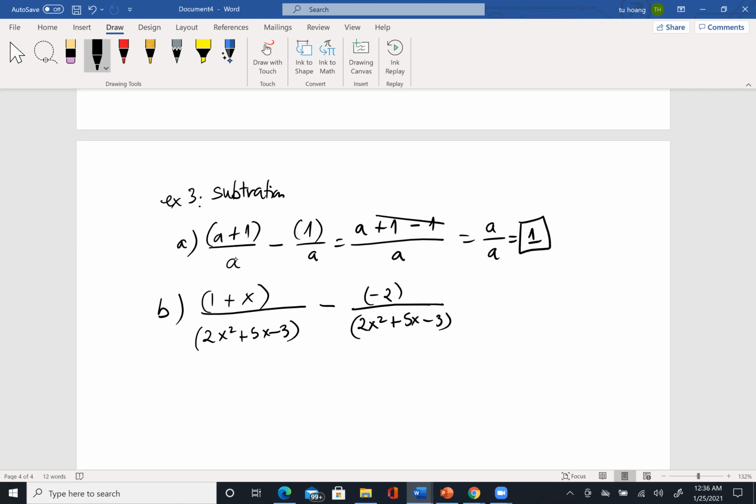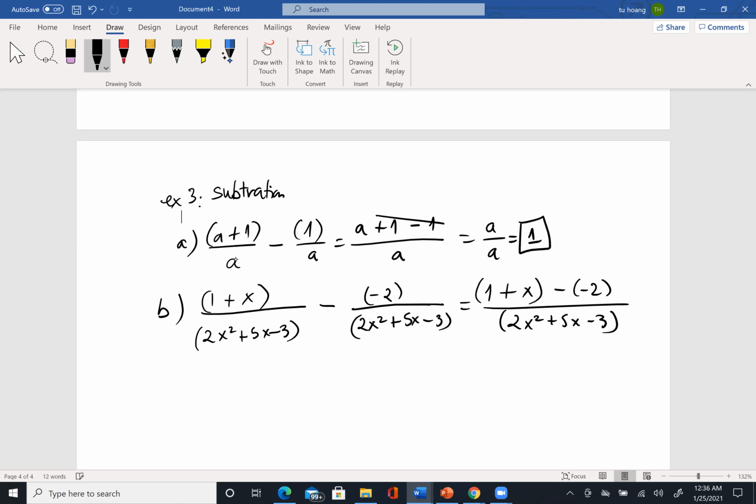We have the same denominator, but I'm thinking, can we factor this later on? I think maybe, but let's see. So now the top is going to be 1 plus x minus negative 2. The bottom is going to be 2x squared plus 5x minus 3.